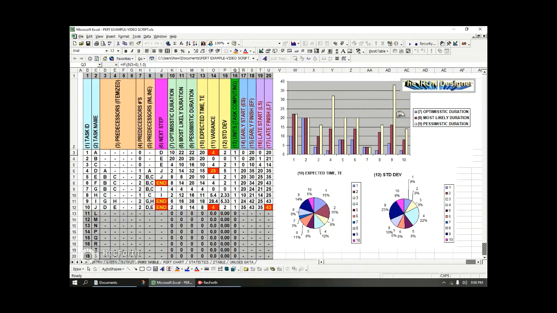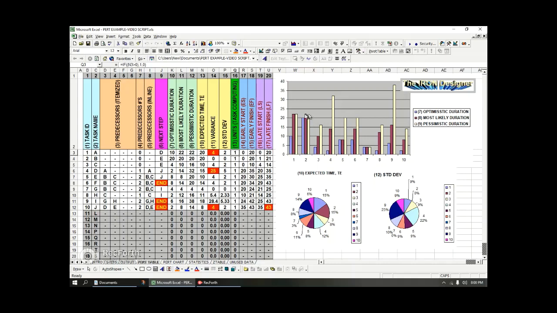What I'm showing here is a graph, a bar chart of the optimistics, the likely, and the pessimistics. So you can see graphically and visually what the spread is. In some cases, like task 1, which is right here, you can see that there's not any variation between the likely and the pessimistic.